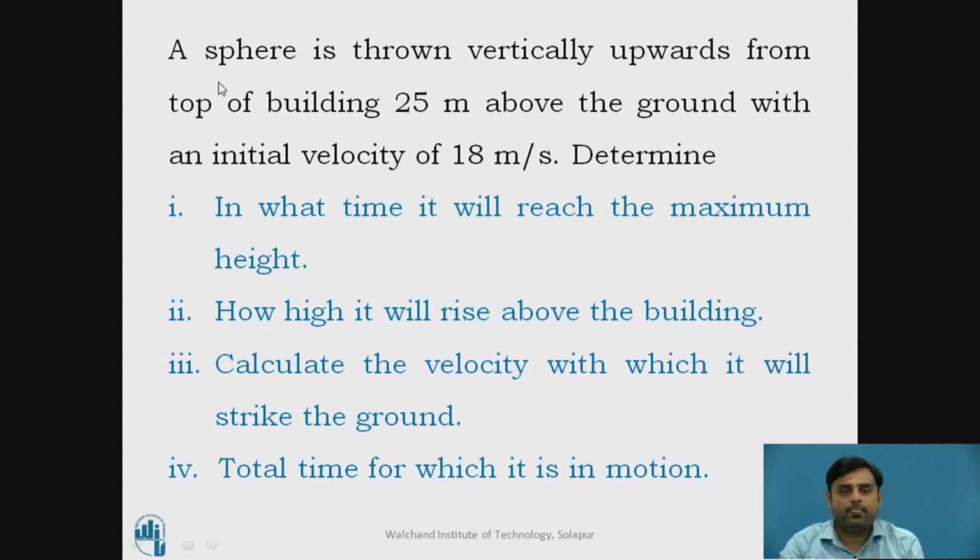Here a sphere is thrown vertically upwards from the top of a building 25 meter above the ground. So the height of the building is 25 meter, with an initial velocity of 18 meter per second. Determine in what time it will reach the maximum height, and how high it will rise above the building.